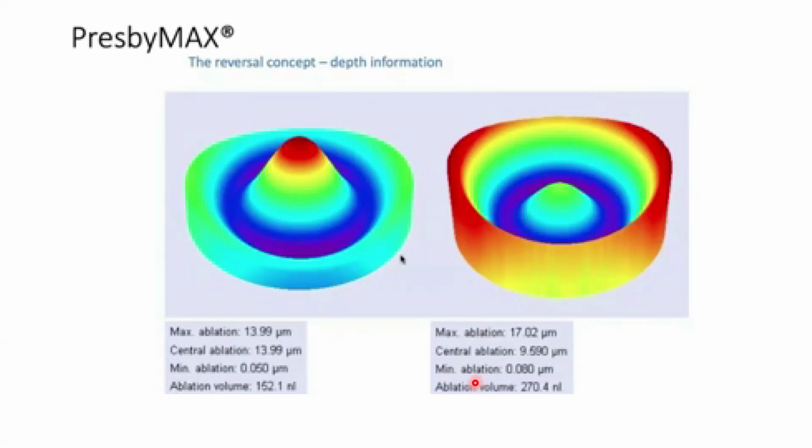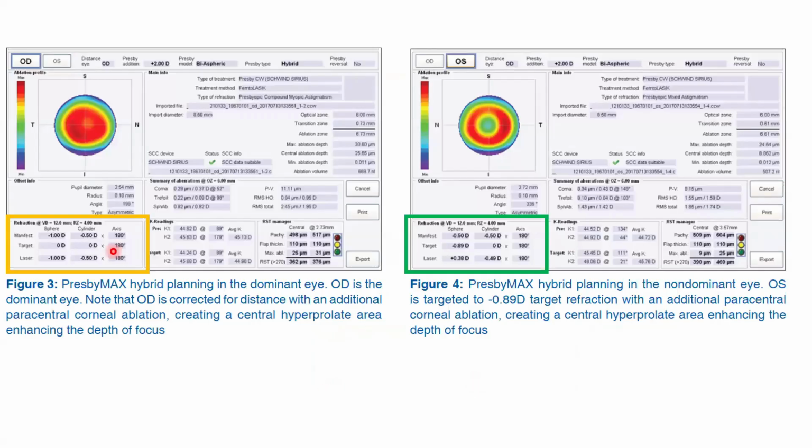One more important thing I forgot to mention here is the ablation depth. Please note the ablation depth is very minimal. It is only around 26 microns, and here it is only around 9 microns and 25 microns. So what I mean to say is, if you are correcting the refractive error and adding a presbyopic correction onto it, it is not consuming a significant chunk of your cornea.